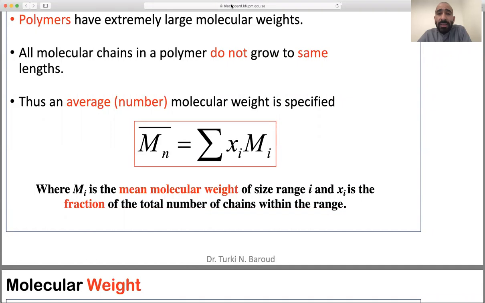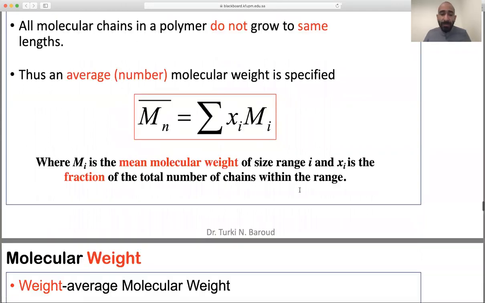We're going to sort them in ranges of weight, and then ask what is the fraction of the polymers that belong to that range? It's going to be clear with an example, don't worry. At the end, the number average molecular weight depends on the summation of the fraction times the mean molecular weight of size range i.